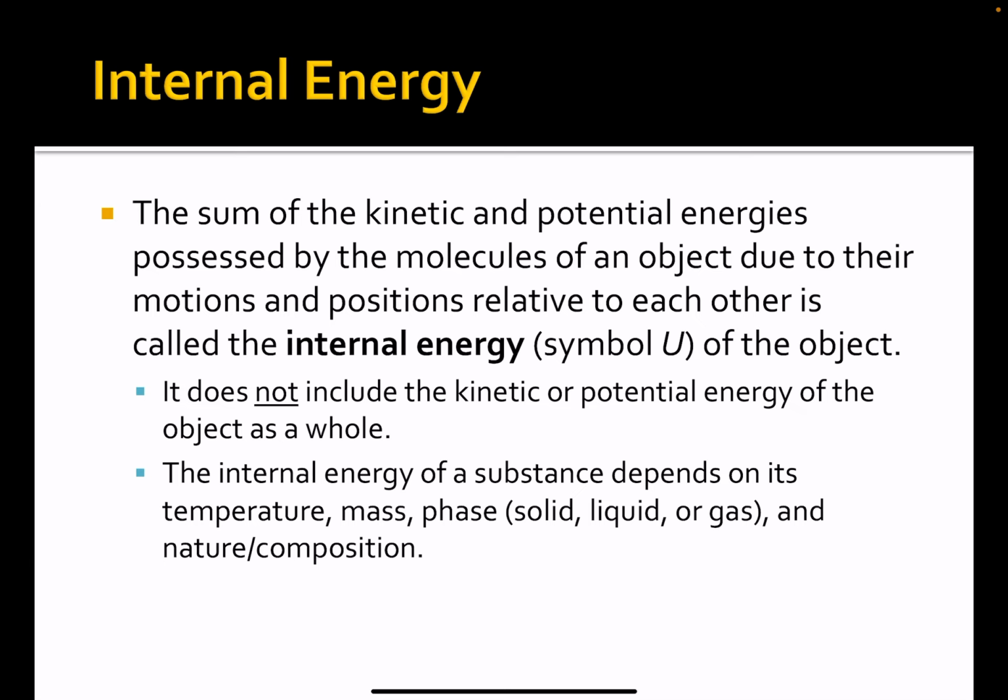It's not the actual kinetic energy of the object. So if the object itself is moving, like a car moving on the highway at 50 miles per hour, that's not the kinetic energy we care about, but we do care about the individual atoms and their shakiness, okay? And so that's the energy we're talking about here. That's the internal energy, the inside of the box, not how the whole mass is moving on its own.